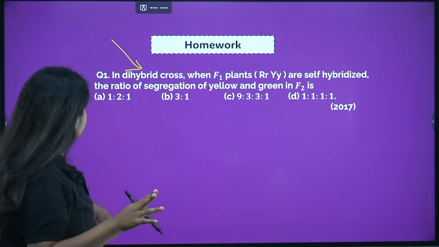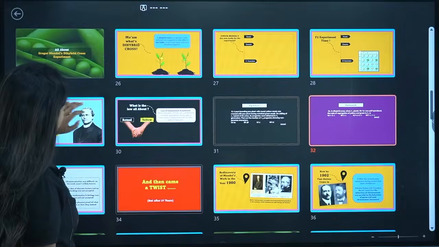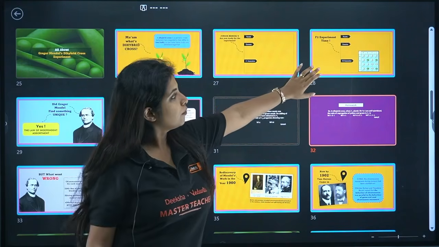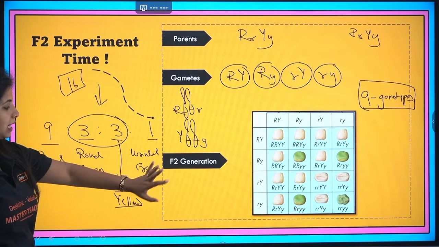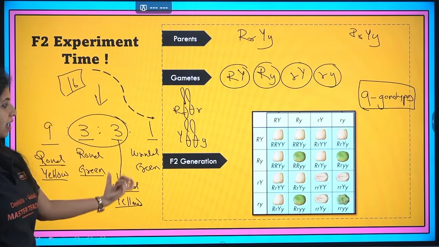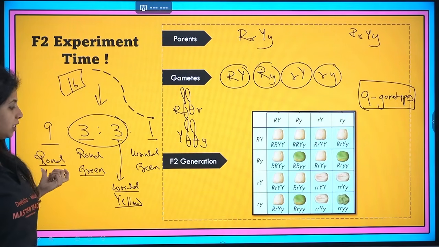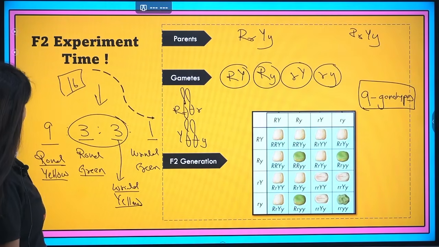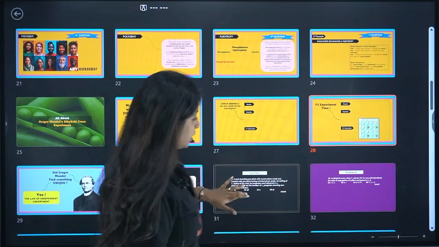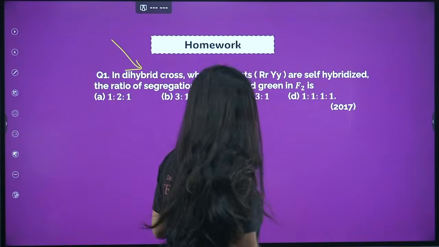I'll give you a hint from here. Spot the ones which had yellow and green. So 9 and 3 of them have yellow, wrinkled yellow, round yellow. And green is this. Now you can try to find the answer by yourself. I gave you a hint also. That was the max I could do for you as of now.